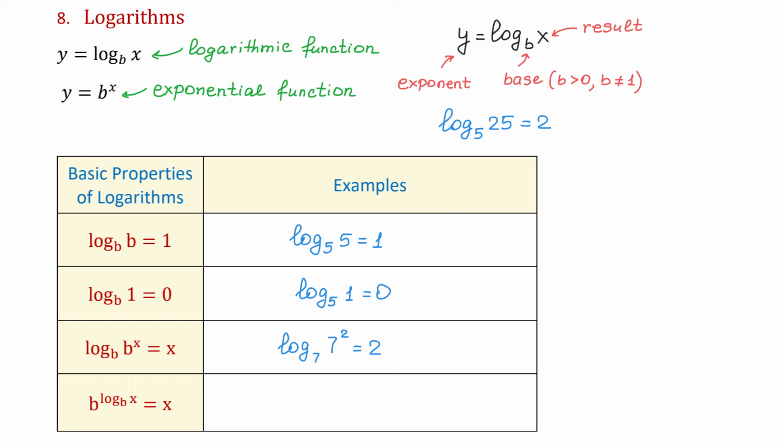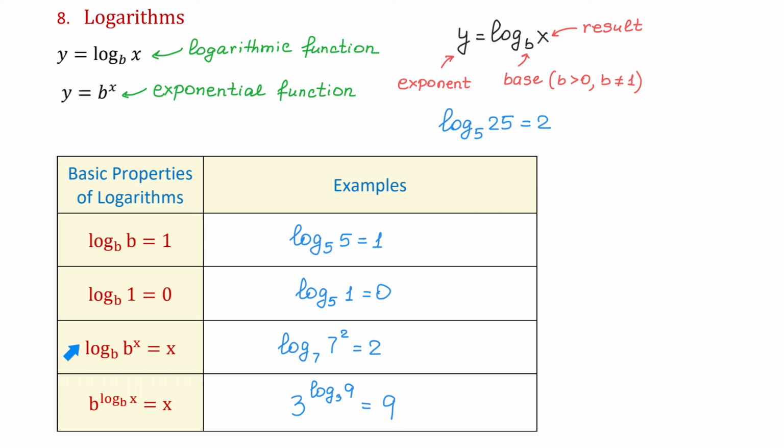And the last one, b to the log base b of x equals x. For example, 3 to the log base 3 of 9 equals 9. And that is because log base 3 of 9 equals 2, because 3 to the second power equals 9, and if this logarithm is 2, then 3 to the second power equals 9.